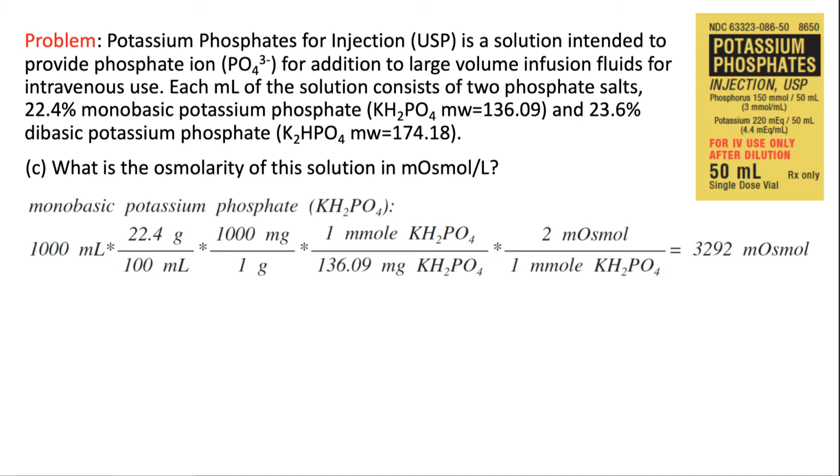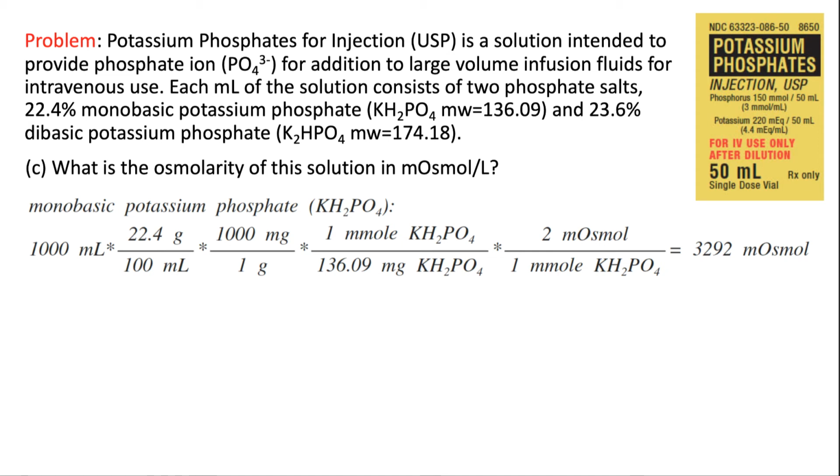But the H2PO4 stays together as a single negatively charged anion. Okay, so we have 1 potassium positive plus 1 H2PO4 negative molecule, so 1 potassium plus the 1 monobasic phosphate gives you 2 particles. 1 potassium, 1 H2PO4. That's 2 particles.